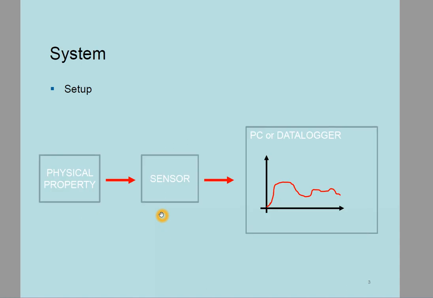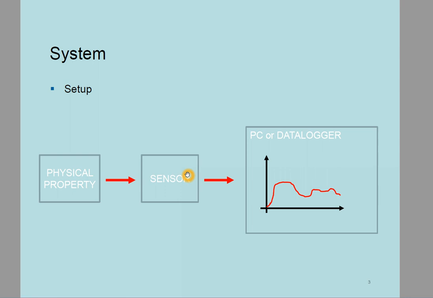What's the principle of the measurement? So you have a physical property. The physical property in this case is the pressure between the foot and the sole of the shoe. So you put the sensor in between, and therefore you measure the pressure in this layer, and the pressure is converted with the help of a sensor to a digital value.